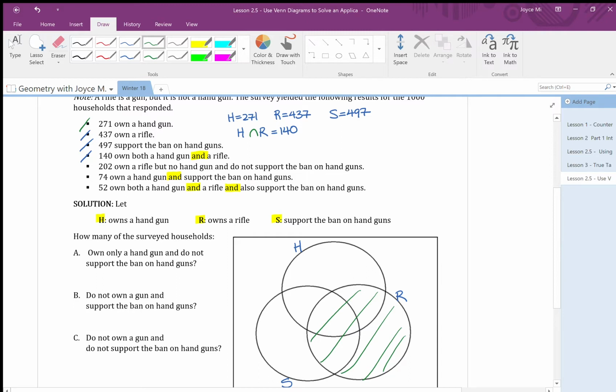No handgun tells me I don't want this part here, so I only want this part. Do not support the ban on handguns tells me I don't want this part either. So the 202 is very specific, referring to this region over here. Since I already know this region is 202, I'm going to write the number here. So this is 202.